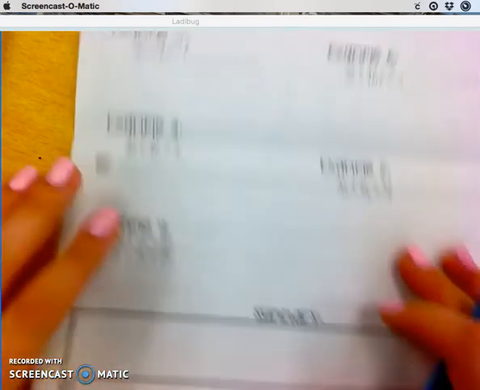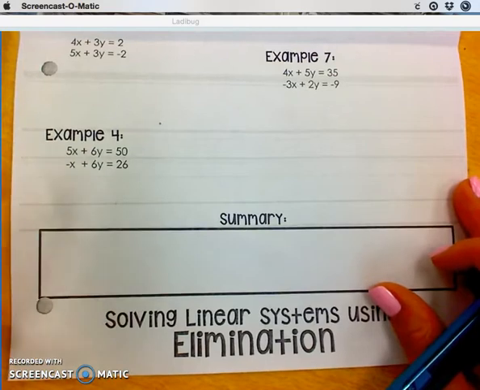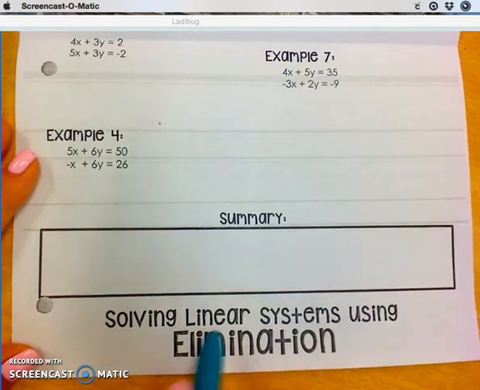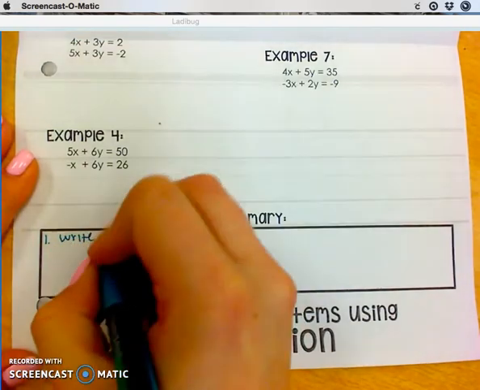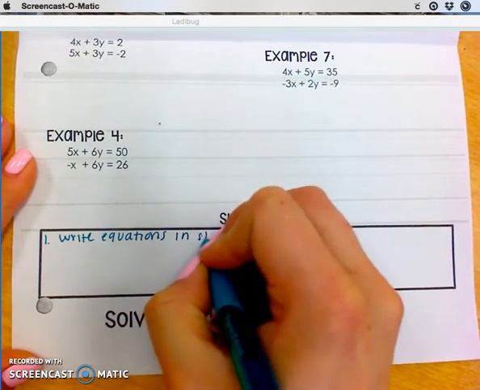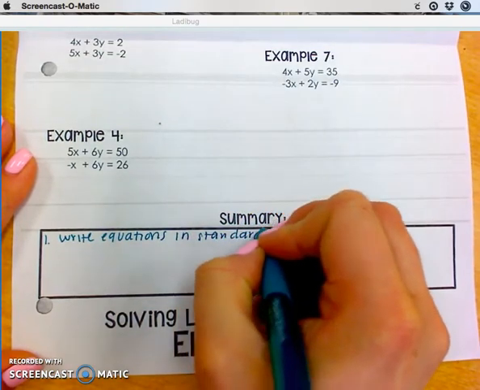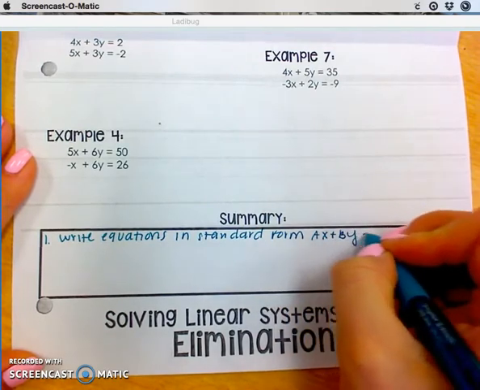Let's first start with the summary, and there are 5 steps to solving linear systems by elimination. The first is to write the equations in standard form, so ax plus by equals c.